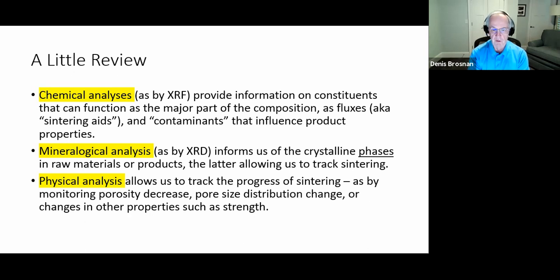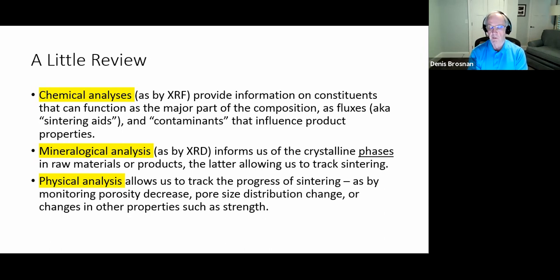Last time we also talked about physical analysis, the changes that occur in the ceramic body during firing, and those included shrinkage. Of course, shrinkage is usually a consequence of densification processes. So ceramic powder compacts typically shrink, although not always.